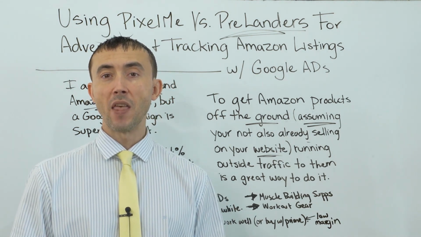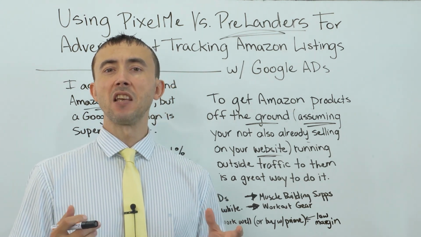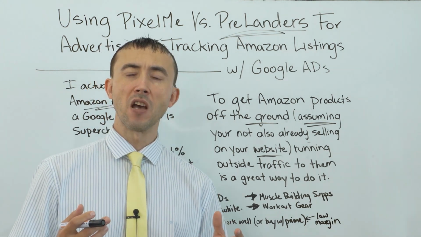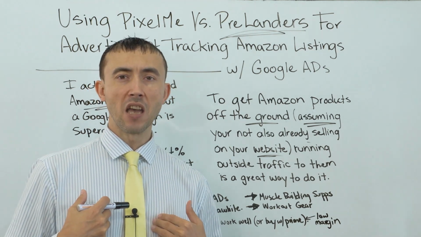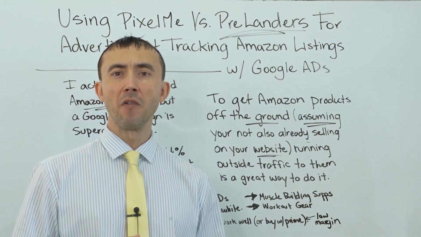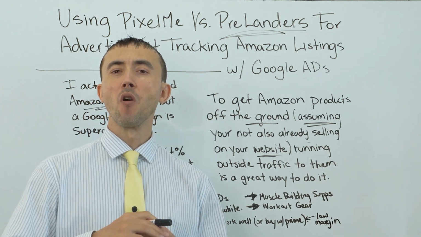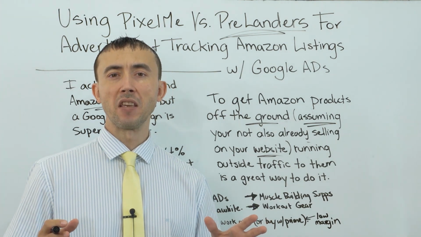For that matter, I would want to do everything I can to do all the other stuff Amazon recommends, using FBA, getting the buy box going, all this other stuff that you want before you dip into the Google ad traffic, because that all helps you rank better as well.